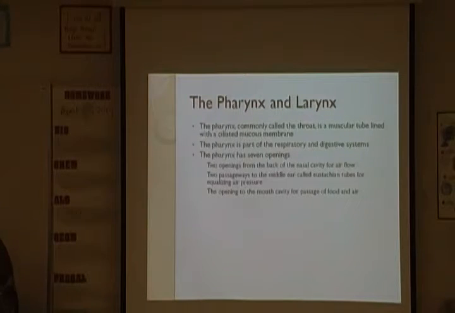All right. There's also the opening to the mouth cavity for food and air to come in your mouth. There's the entrance to the esophagus, which is the passageway for food.